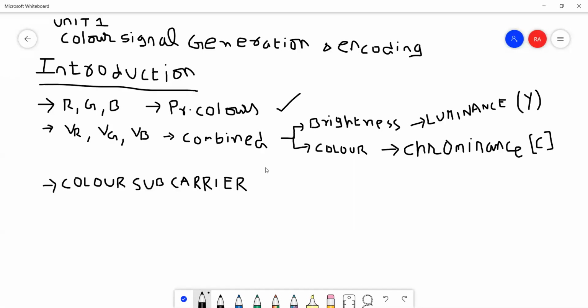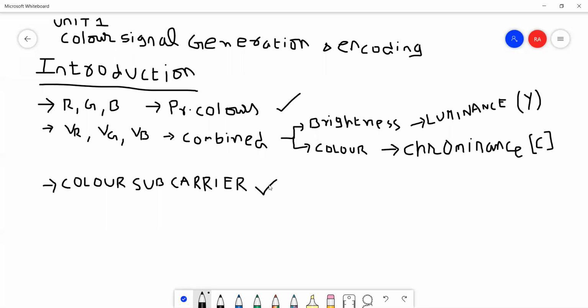Here we are using the color signal; the color signal, called chroma, is carried on the color subcarrier. This color subcarrier is formed just by rearranging the modulating camera outputs, just by rearranging the modulation.